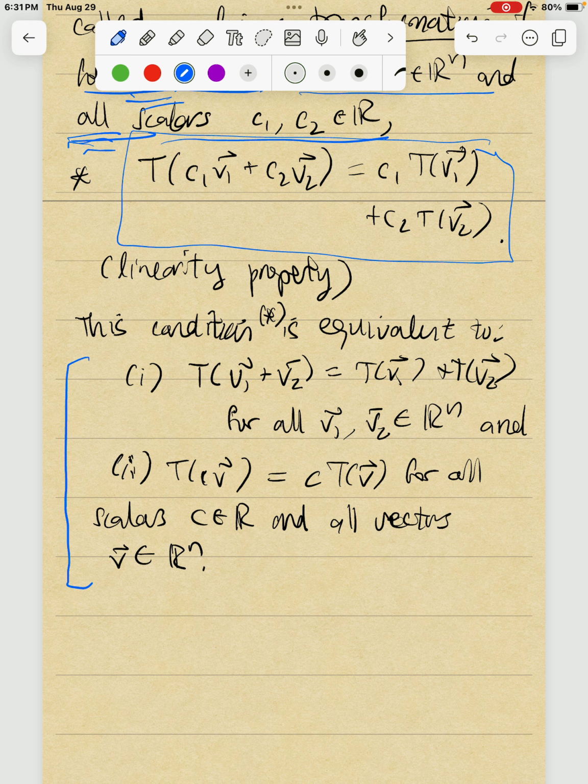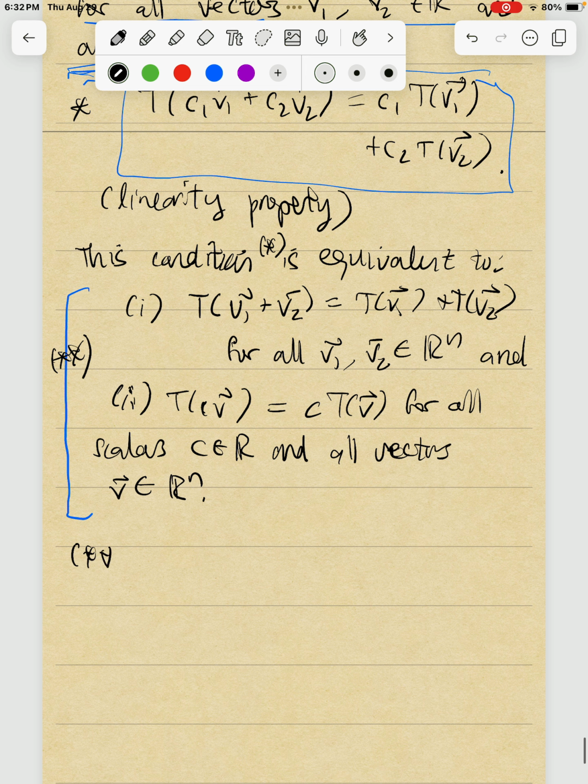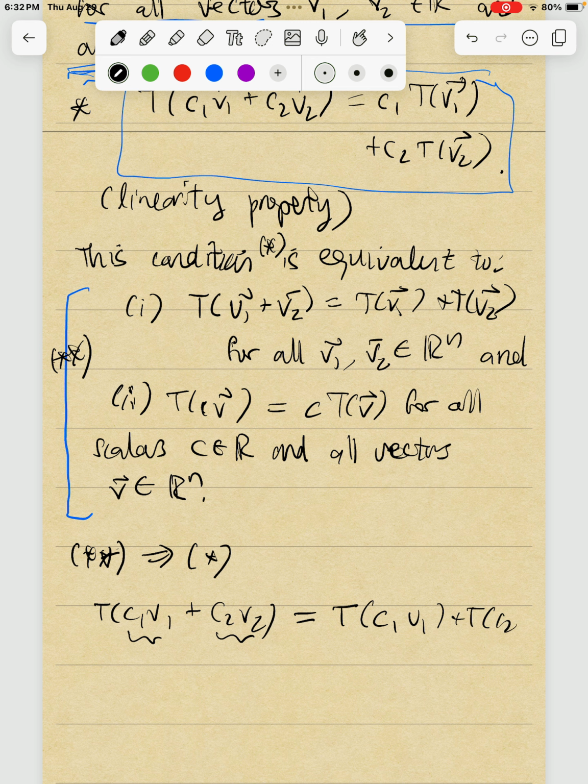And conversely, if you have these two conditions, 1 and 2, that implies the first condition. So if we call this condition double star, or both of them, okay, let's give the proof. Then 2 implies 1, because T of c1 v1 plus c2 v2, well, this is a vector and that's a vector, and so by condition 1, this is equal to T of the first vector plus T of the second vector, right?